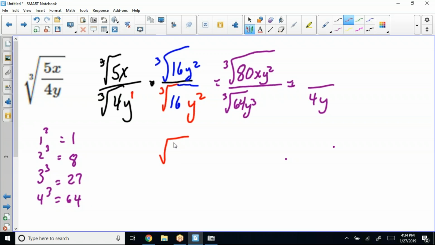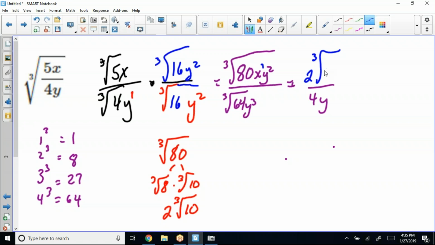So I can take the cube root of 80 and break it down into the cube root of 8 times the cube root of 10, which would be 2 cube roots of 10, right? You okay with that? I can't do anything with my variables because 3 won't go into 1 and 3 doesn't go into 2 because it's not above 3. So this is going to simplify down to 2 cube roots of 10xy squared.